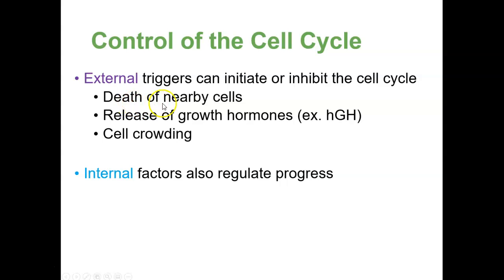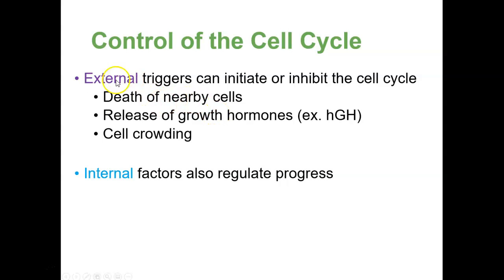Well, if we have death of nearby cells, like you get a wound, a cut, like a paper cut, and there's a space there. Now those cells aren't touching one another anymore. They can't communicate, and there will be a signal that, oh, we need to make more skin cells to fill in that paper cut.